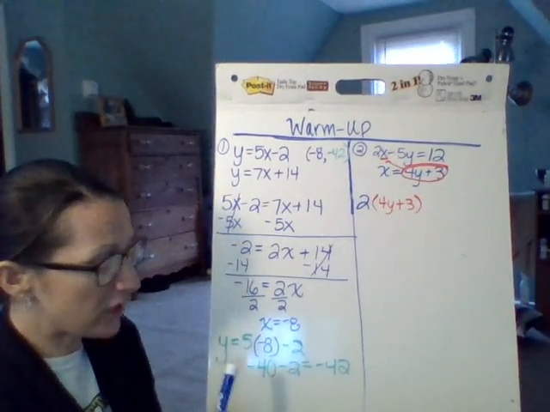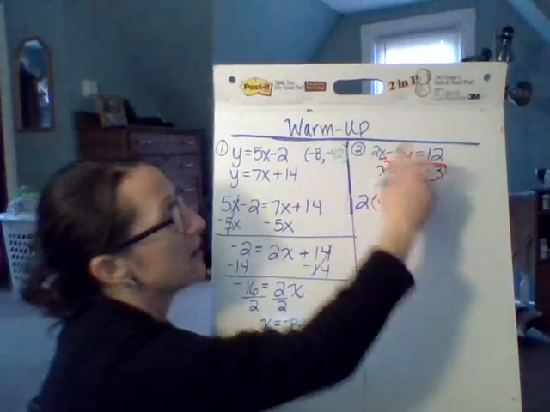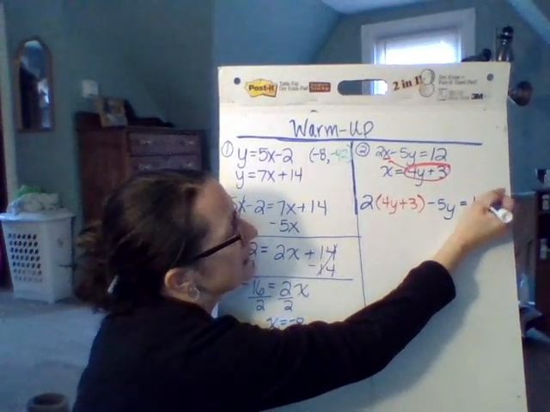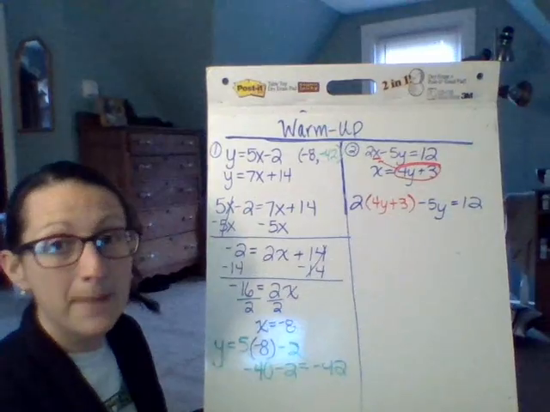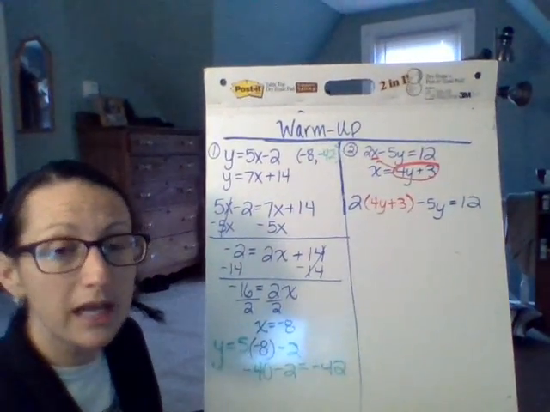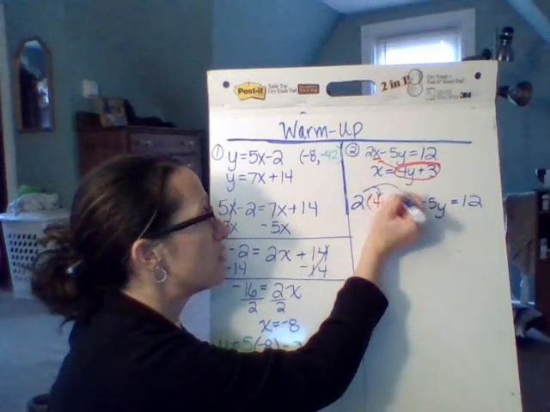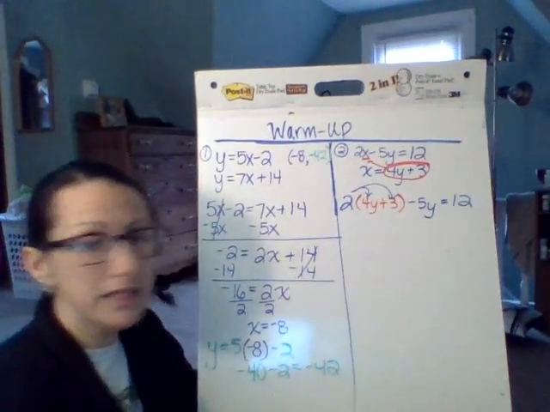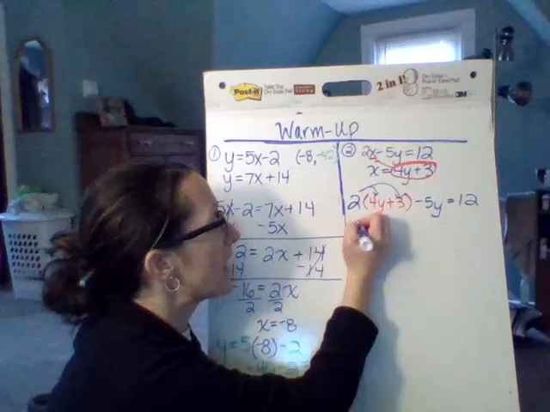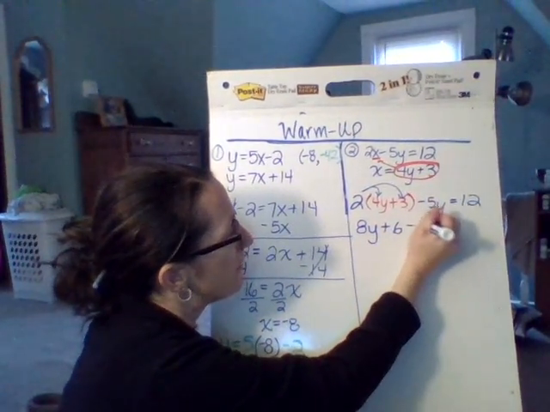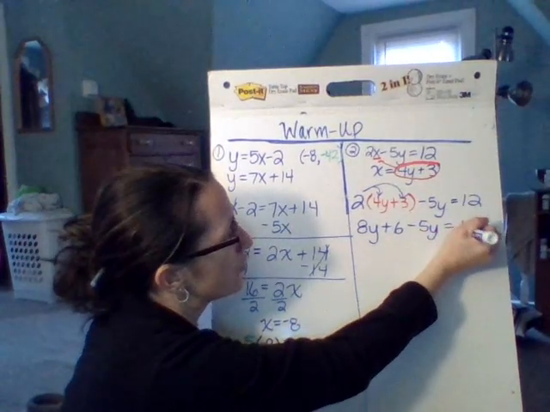Then let's finish that original first equation: minus 5y is equal to 12. Because I have parentheses and a number sitting outside, I'm going to distribute first, which means I'm going to multiply the 2 by both terms in those parentheses. 2 and 4y is 8y. 2 and 3 is 6. Minus 5y equals 12.